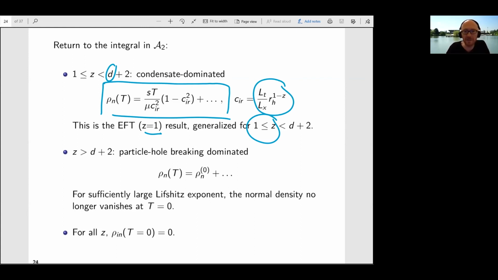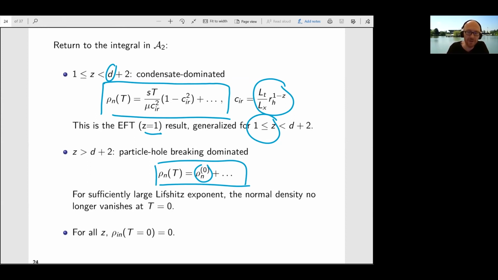And we find that what dominates is the particle hole breaking term. And then the behavior of rho_n completely changes. Rho_n goes to a constant at zero temperature plus some subleading corrections that you can compute. So what this means is that for sufficiently large Lifshitz exponents, the normal density no longer vanishes at zero temperature.